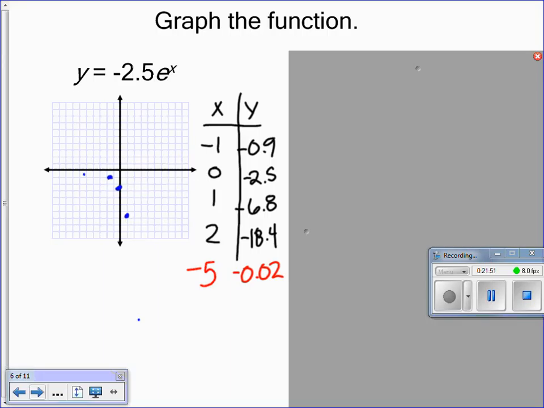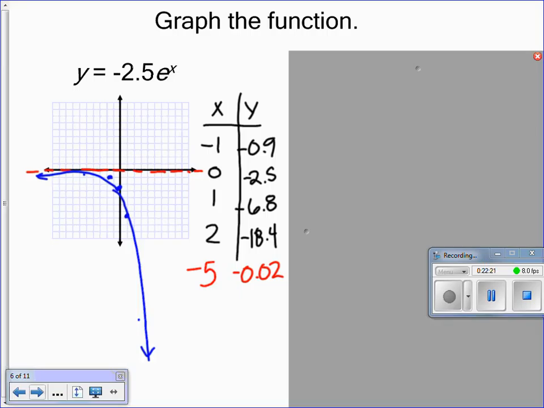That must be my asymptote. So it has the same characteristic as the graphs in section 6.1. So now I know a little bit better what's happening on that side and that this side is going down. So if you're ever concerned that you're not certain you have the right graph, you could always pick more points. Jackson gave us a good starting point, negative 1 to 2, but you're welcome to use more if you want.